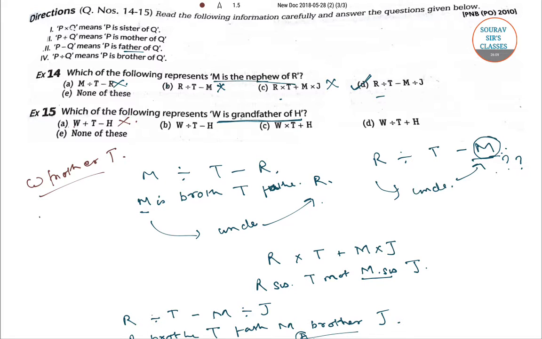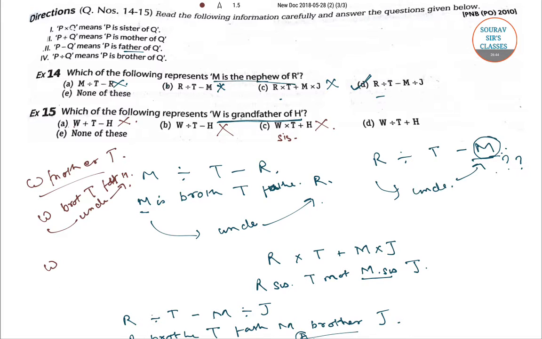Second is W is brother of T, who is father of H, so here W is uncle of H, so second option is also not correct. Next is W is sister, because cross is sister, then again W is female, so W cannot be grandfather, so next option is also not correct.